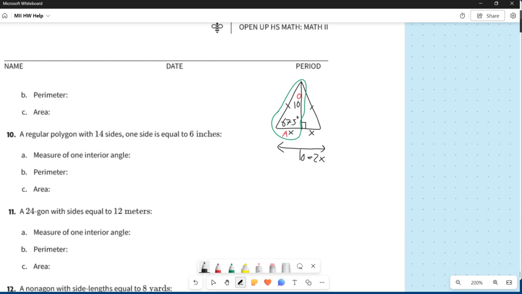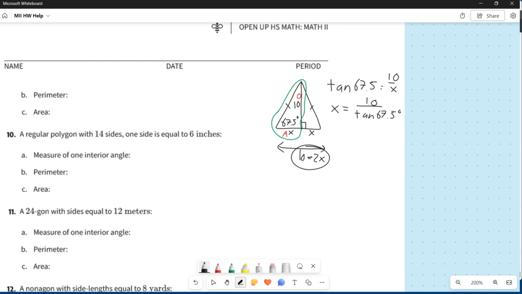The trig function that connects opposite and adjacent, it connects what we know with what we want to know, is tangent. So the tangent of my angle, which is 67.5, in a right triangle, the definition of tangent is opposite over adjacent, and so this becomes 10 over x. If I want to solve this for x, we end up getting x equals 10 divided by tangent of 67.5 degrees. So that is the exact value of x.